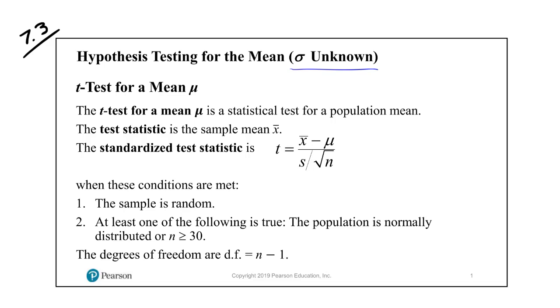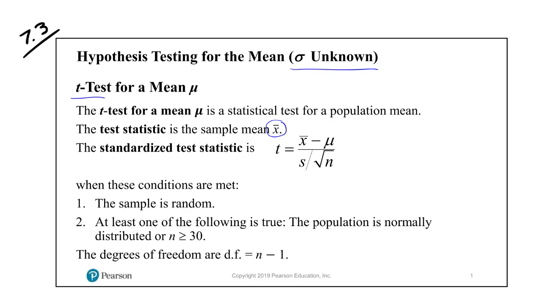Well, what we're going to do is use the t-test instead. Not the z-test, but the t-test, because we're going to use a t-distribution. All right, so the t-test for the mean mu is a statistical test for the population mean. The test statistic is still going to be the sample mean x bar.